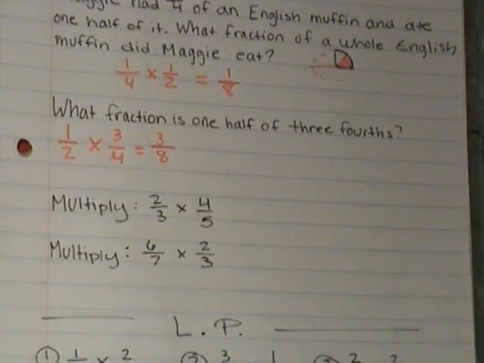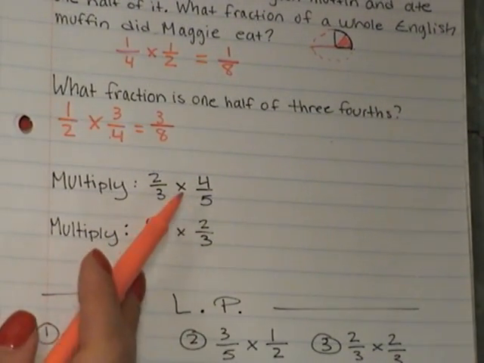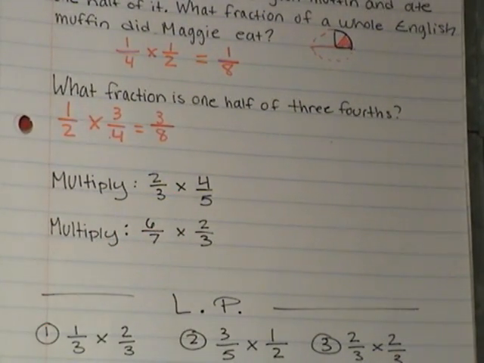Go ahead and try the next two. Now these are written without the word "of", but our multiplication sign is already there. Go ahead and try both of those and see if you can get them, and then check back in with us.